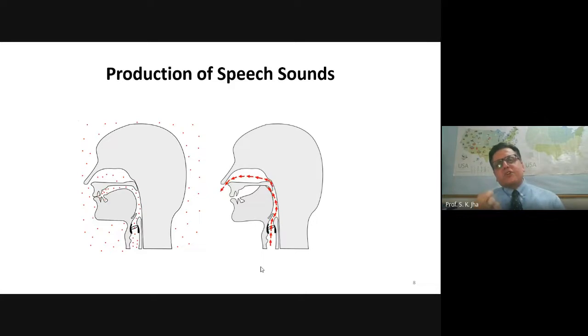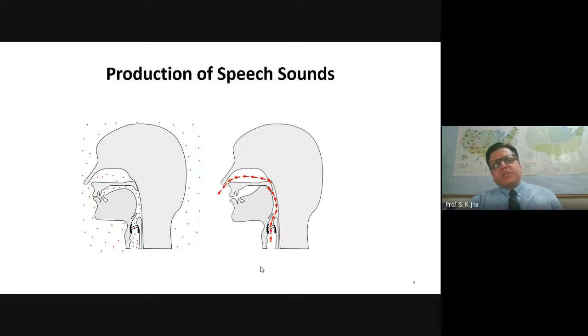But in the production of voiced sounds like b, your vocal cords vibrate. So we will see these technicalities later on. After passing through the vocal cords, the air comes out of your mouth or your nose, resulting in the production of speech sounds, which is manifested through this visual.